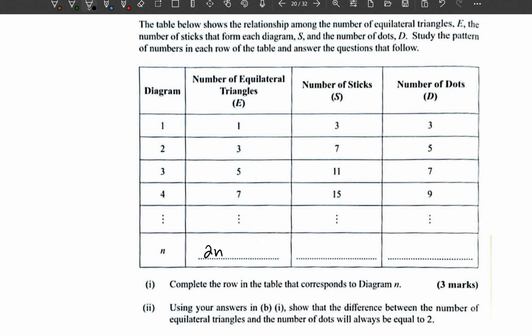That's going to be 2n. And then we have, what's the difference between, actually no, that can't be 2n, because when n is 1, the first row is not going to give us 2.